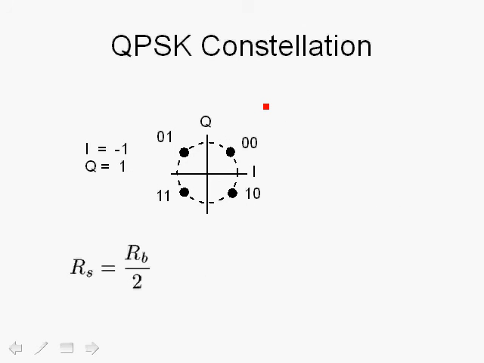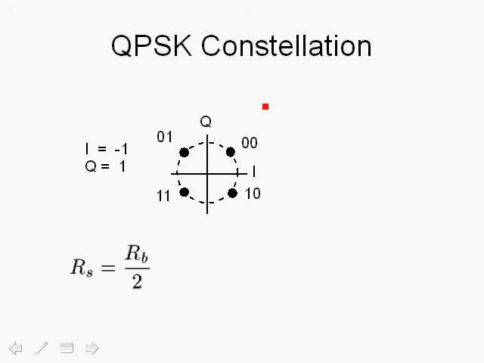Another aspect of digital communication links is that given a fixed bandwidth, how can we increase the throughput through the channel? Previously we showed a binary communication system in the case where one bit was associated with a symbol. For example, a 1 was associated with a symbol plus 1, a 0 was associated with a symbol minus 1. We need another way in order to improve the throughput, especially if we have high signal-to-noise ratio available.